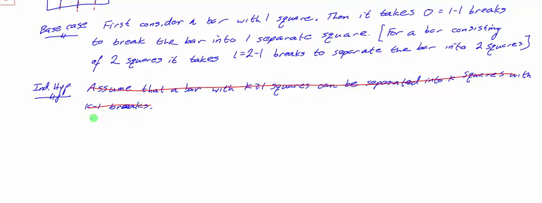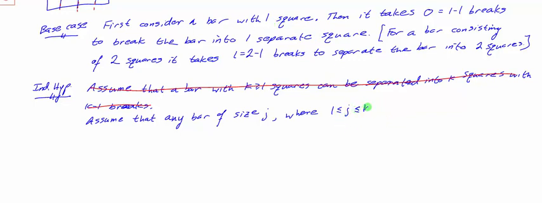So the way that we're going to state our induction hypothesis: assume that any bar of size j, and we're saying the any with the j because we want to emphasize that we're taking advantage of that entire range of values, where j is greater than or equal to 1. Our base case was for 1, so we can start j there.